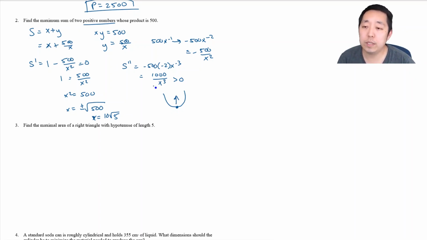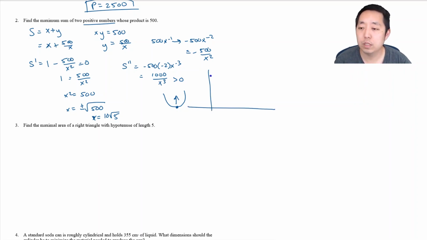So in general, this shape, I think it's not going to have a maximum, because if I plotted this curve, when x is really small, it's going to go down here, and then it's going to go up. This function is x, a line, plus this.